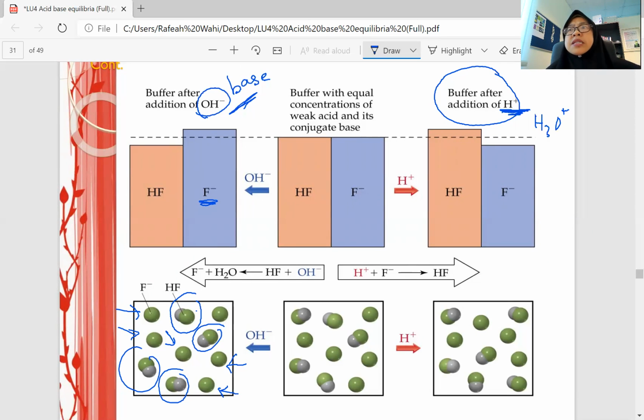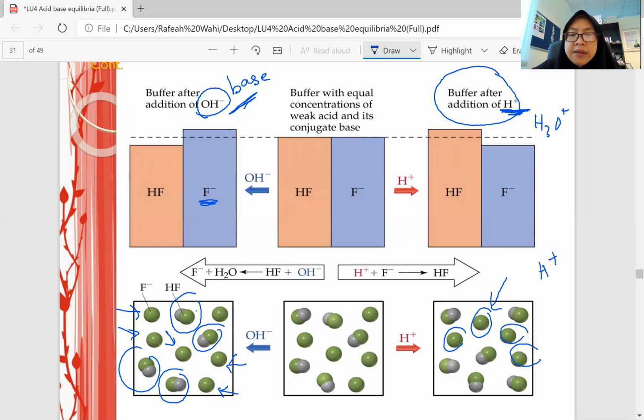So this results in a decrease in the amount of conjugate base present in the solution and an increase in the amount of weak acid. However, if you look at the diagram here, you can see there are some more ions which are not bound to any H plus ion or hydronium ion.